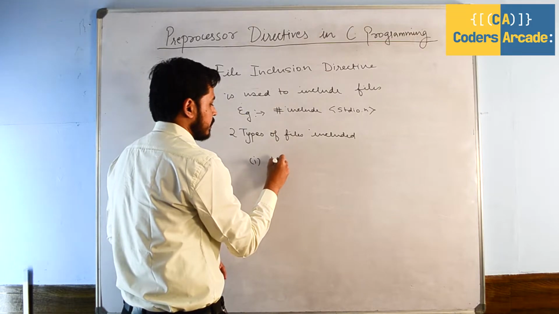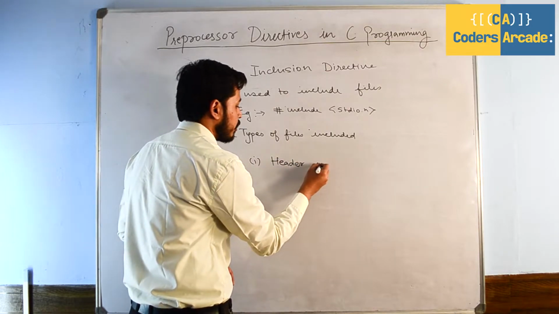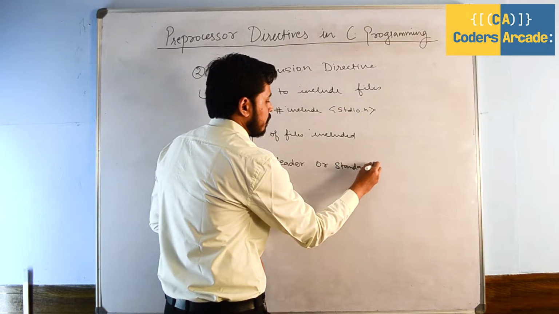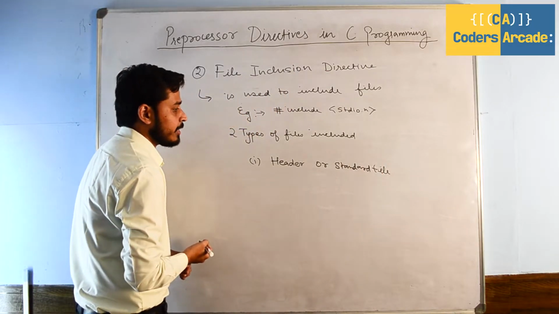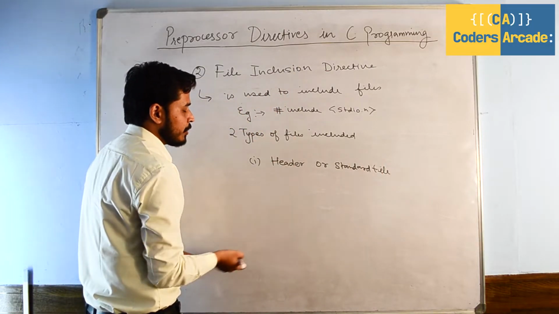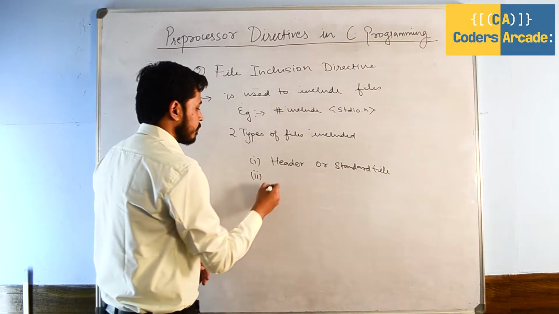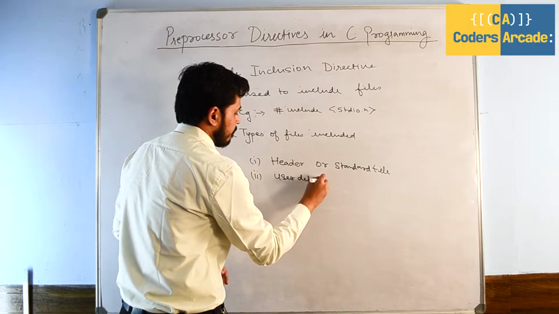The first is the header file, or you can say standard file, like stdio.h, process.h or math.h. The second one is the user defined file.